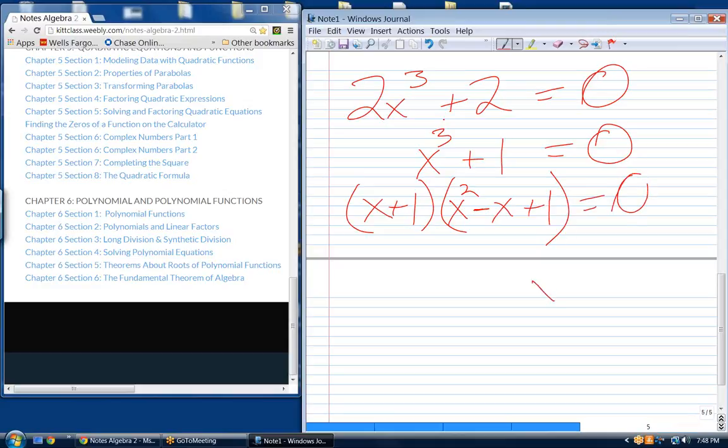So one solution is the linear solution, -1. And the other solutions come from the quadratic. It's the coefficient of x that we care about, not the x, but the coefficient.